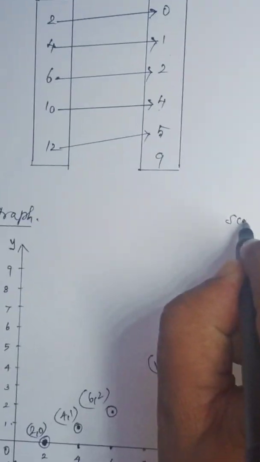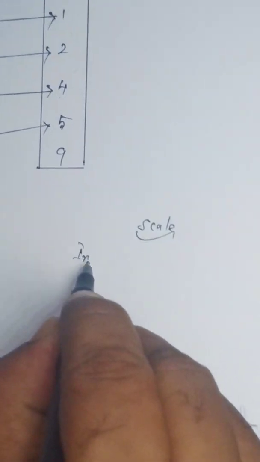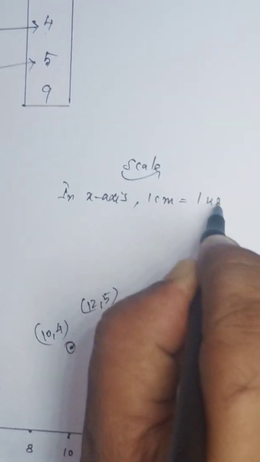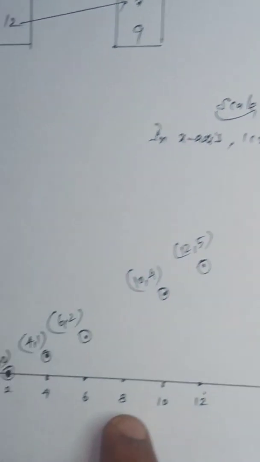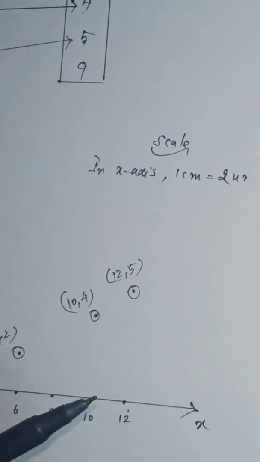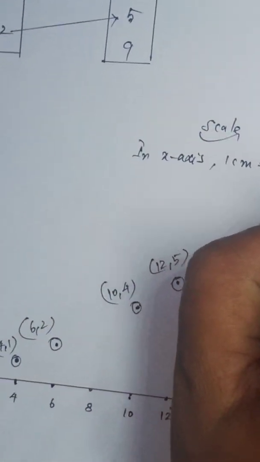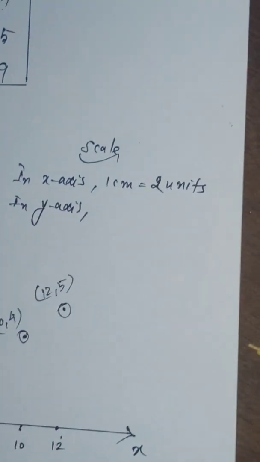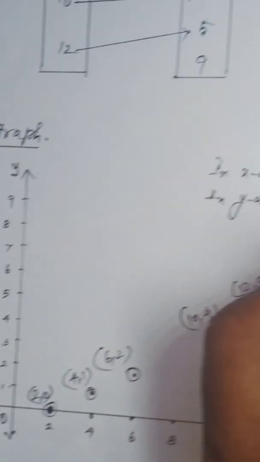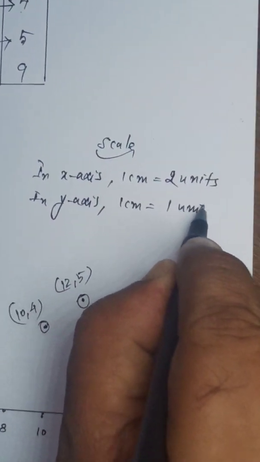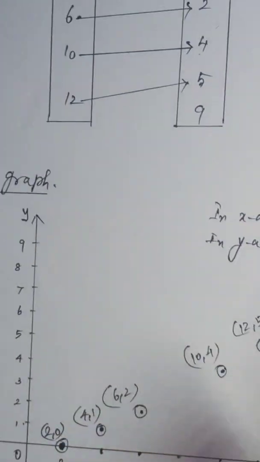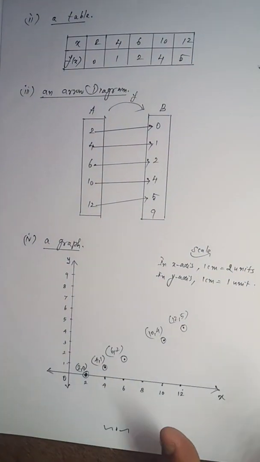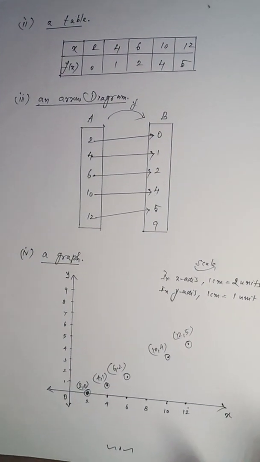It is better to write the scale in the x-axis: 1 centimeter equals 2 units. And in the y-axis we consider 1 centimeter equals 1 unit. That's all, very important one. Keep on practicing. So problem number 2 is over. I'll be teaching problem number 3 in the next video. Thank you, children.